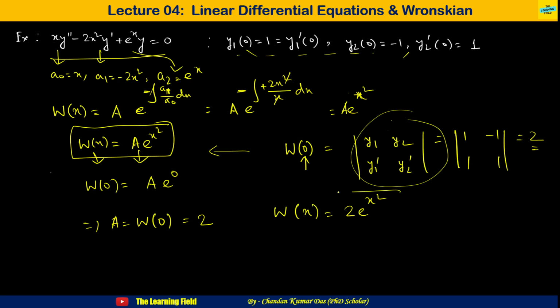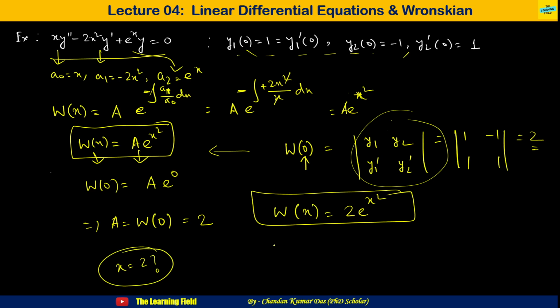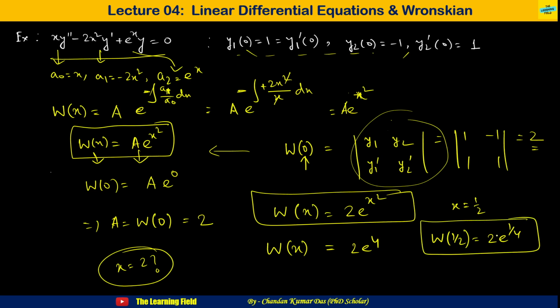Now if you want to find at any point, suppose you have to find the value of the Wronskian at x equal to 2. So you can easily find from here, W(2) equal to 2 e to the power 4, or if any other point be given, suppose at x equal to half, W(1/2) is equal to 2 e to the power 1 by 4, and so on. We can find the value of the Wronskian at any point.